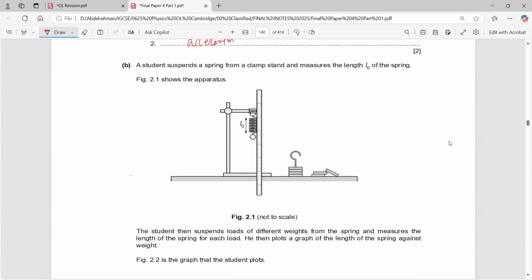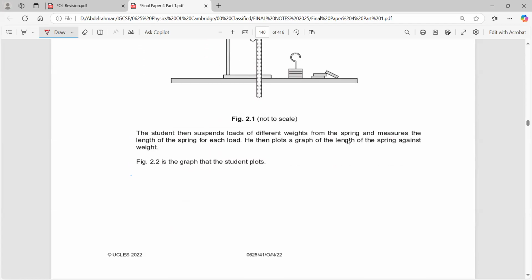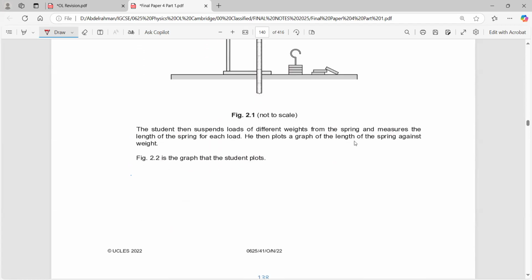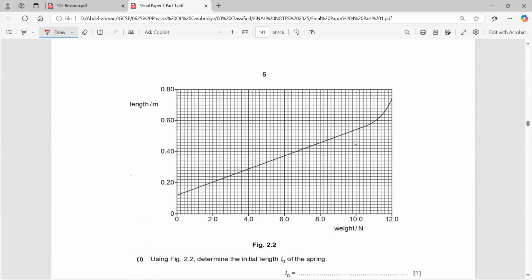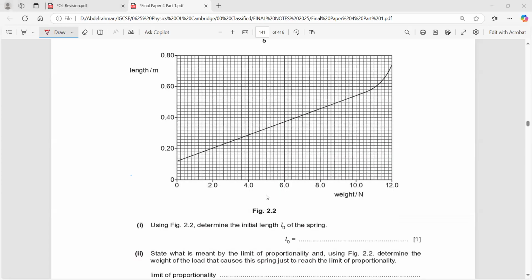We had this apparatus. We had the initial length, and we keep on adding weights to the spring. This is a length-force graph.